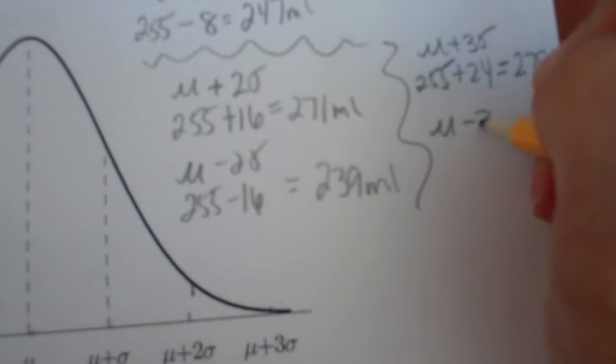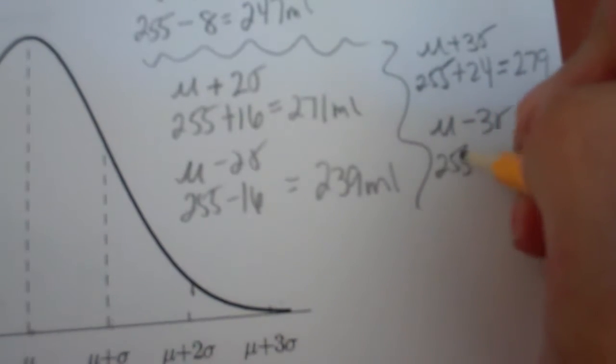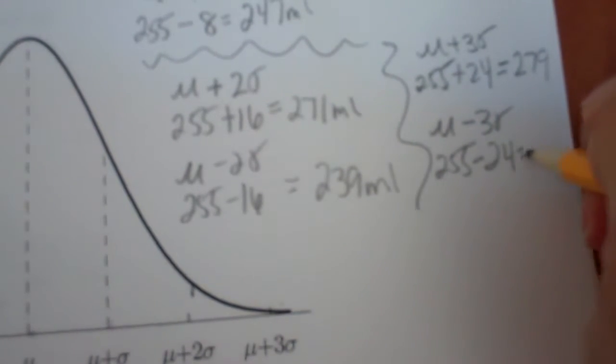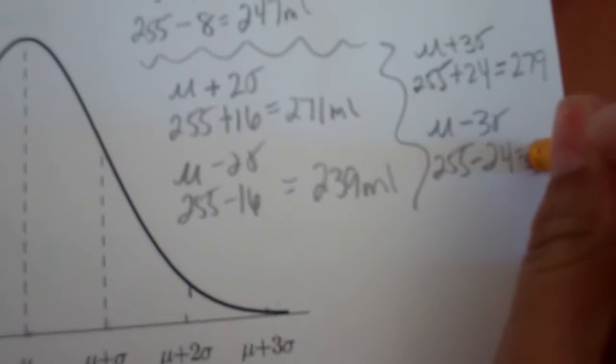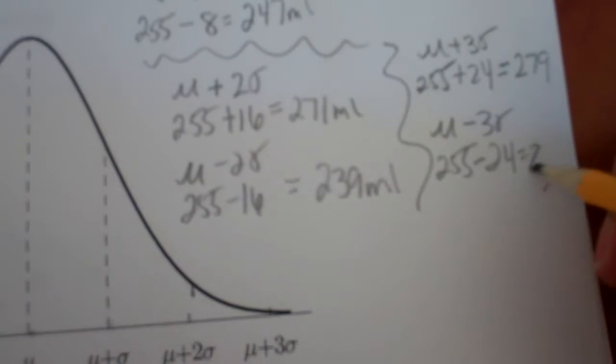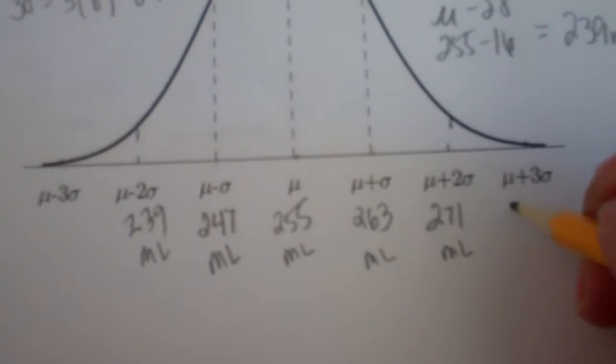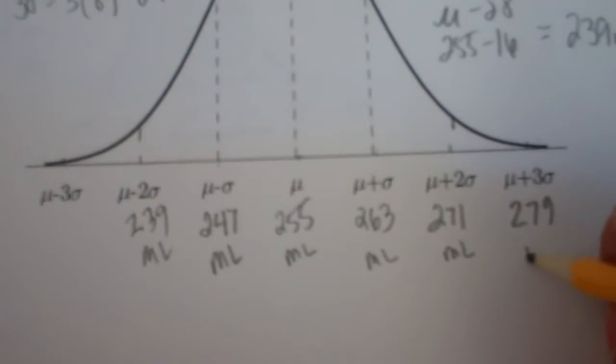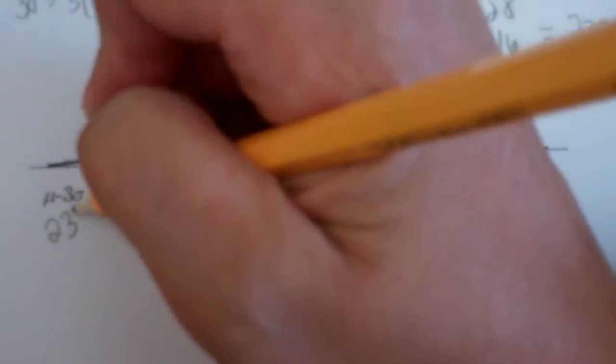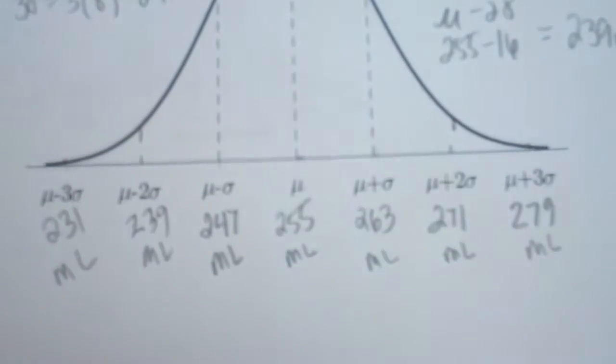And our mean minus 3 standard deviations, which is 255 minus 24, gets us to 231. Let's put those numbers in: 279 milliliters for plus 3, and 231 milliliters for minus.